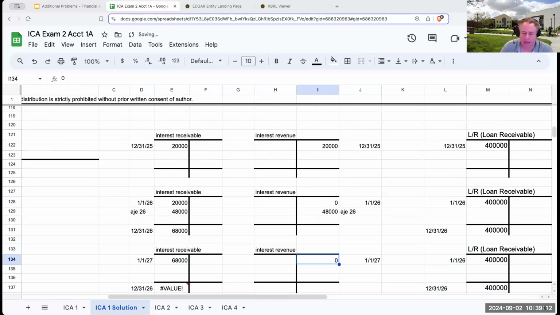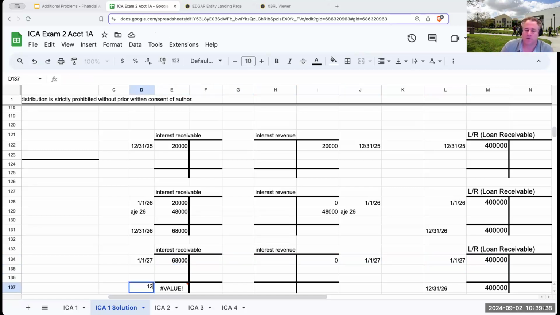On 1/1/27, our opening balance in interest revenue is going to be zero, because we closed out revenues, expenses, and dividends, since those tell us what we earned, used, or declared as a dividend over a period of time. The loan receivable balance, just like all assets, liabilities, and certain equity accounts, is just going to roll over.